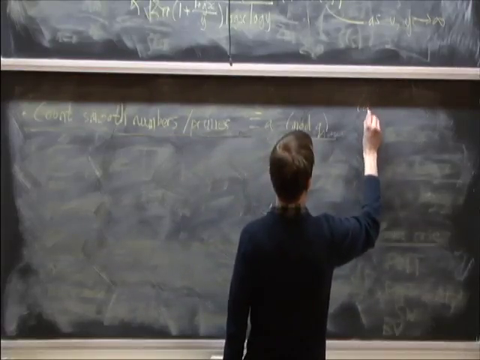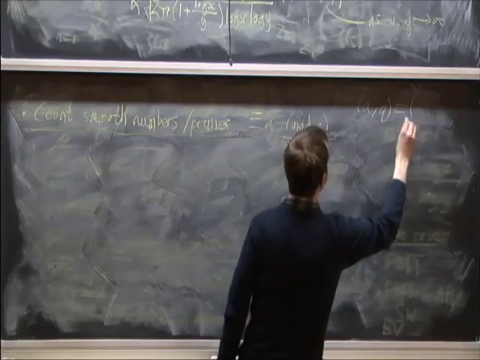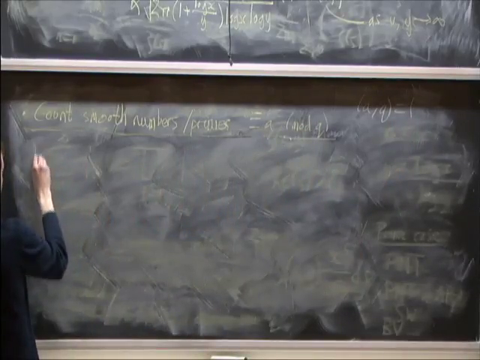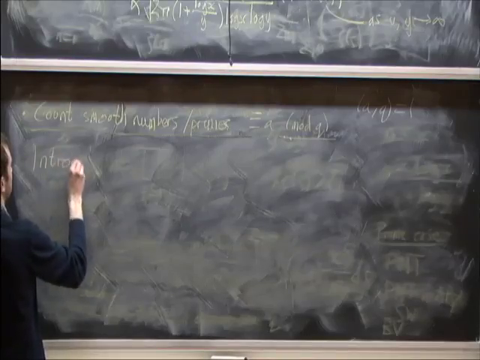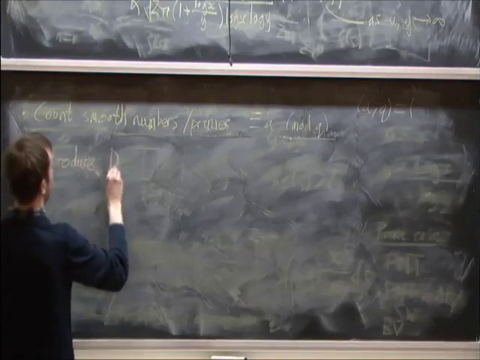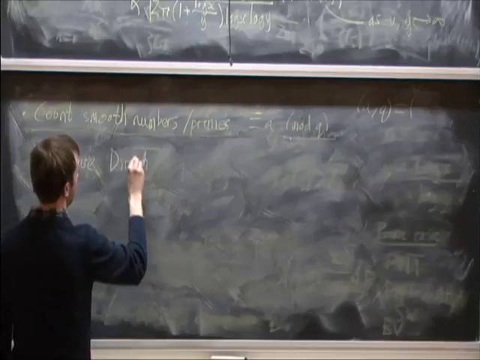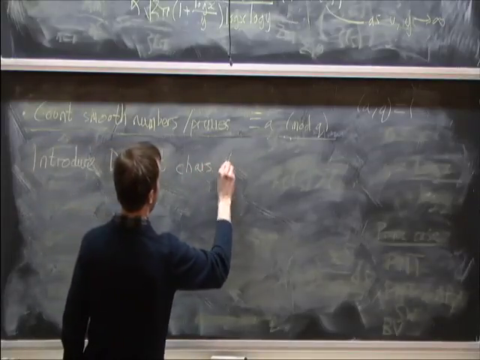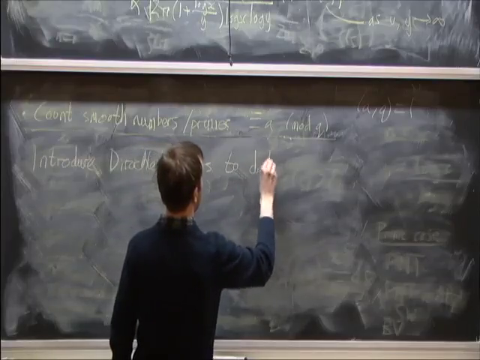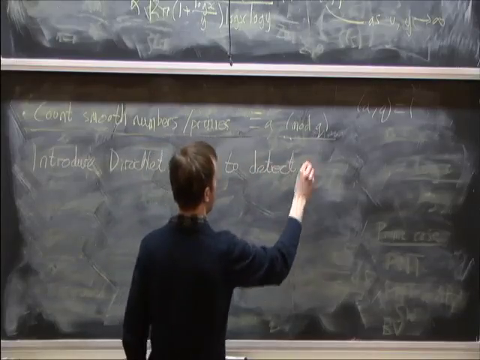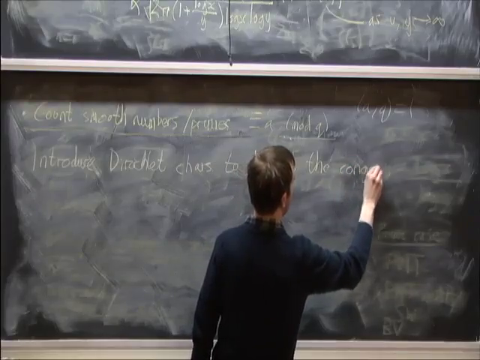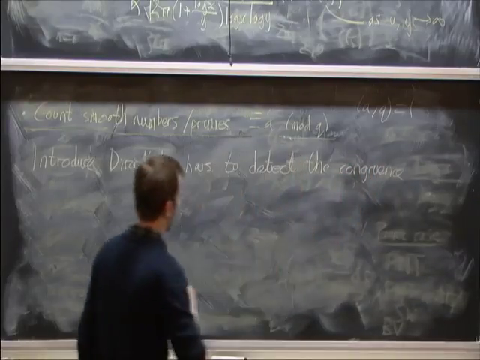And let's say that the highest common factor of a and q is 1. So how are we going to do this? Well, just introduce Dirichlet characters to detect the congruence condition.